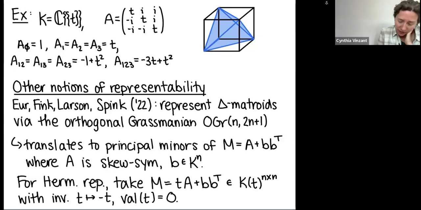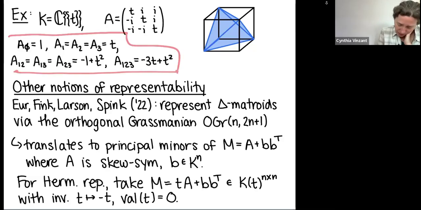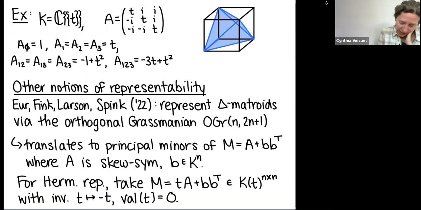We can record the vector of 8 principal minors. We can see that we have valuation 0 for the empty set, valuation 1 for all of the singletons, valuation 0 for all of the sets of size 2, and valuation 1 for the set of size 3.